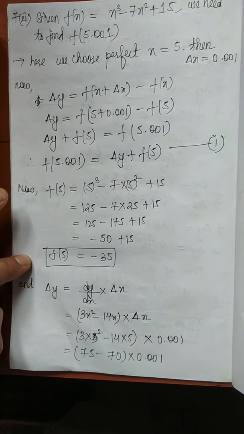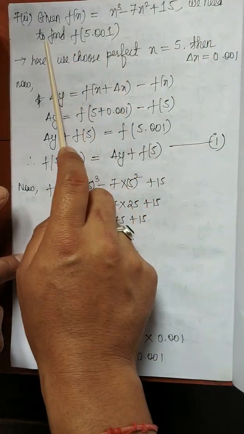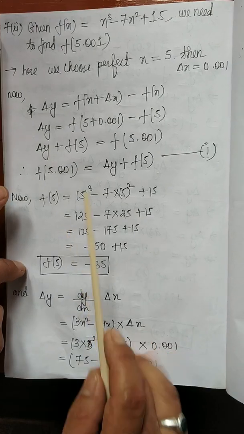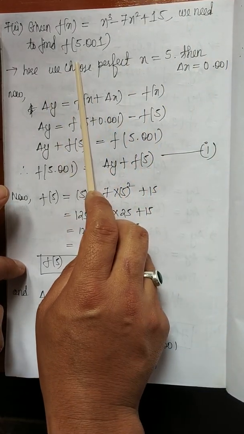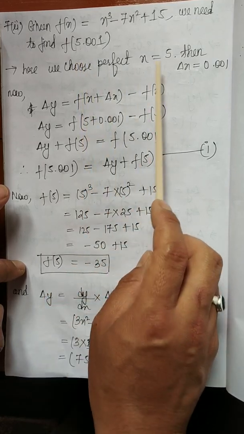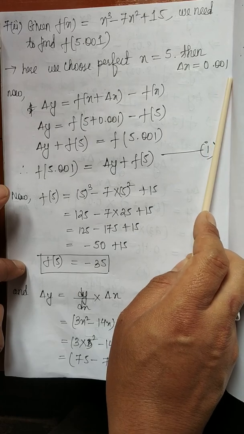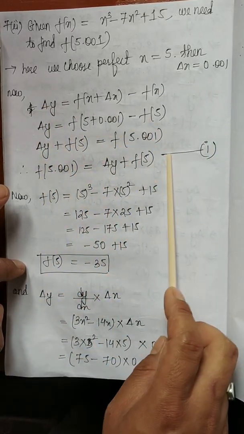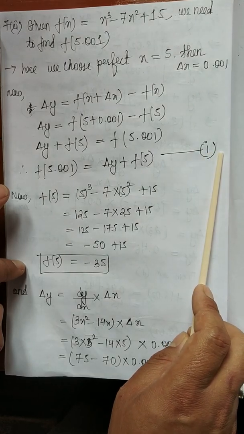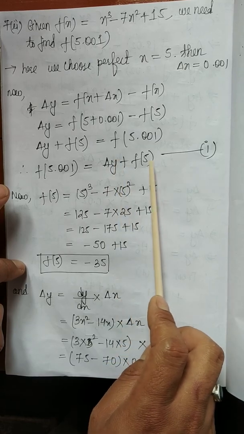So pause the video to note down. Question number 7 part 2 is the same as question number 7 part 1. Given f(x) is this, find the value of this by approximation. Here it is already identified. Put the perfect x as 5 and delta x as 0.001. Start with delta y, put the values, we get equation number 1. Equation number 1 is f of 5.001 equals delta y plus f of 5.